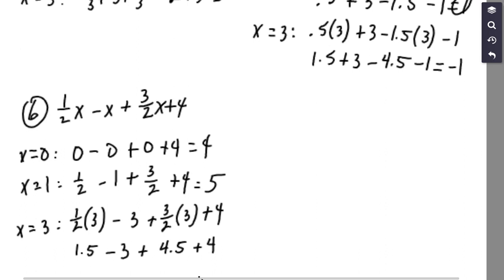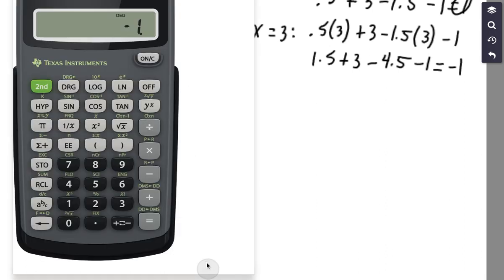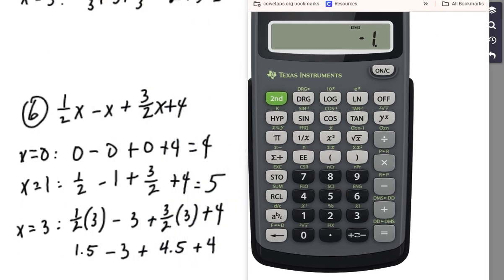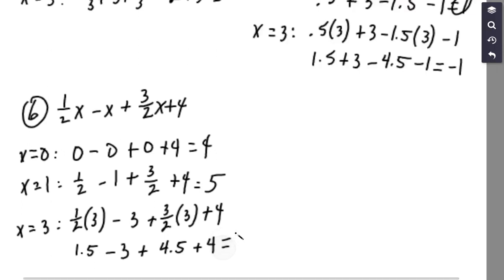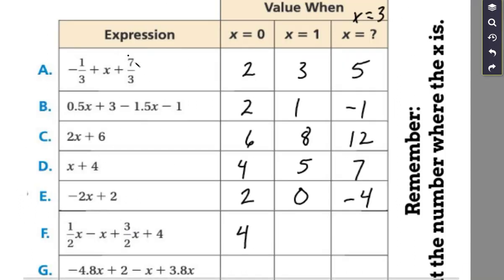So if I add that together, I'm going to get 1.5 minus 3 plus 4.5 plus 4. And that's going to be 7 right there. So we got 4, and we got 5, and we got 7. So we got 4, 5, 7, like that.